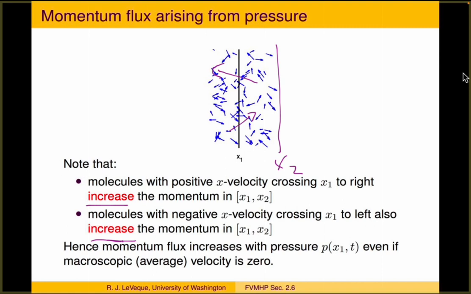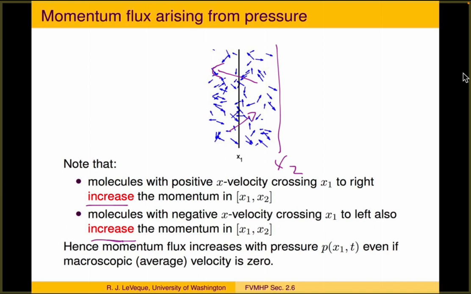Okay, so even though the net change in momentum might seem like it shouldn't change if you just have this microscopic variation, if you look at a single line x1, the pressure coming from the oscillations of the molecules is really constantly increasing the momentum between x1 and x2.